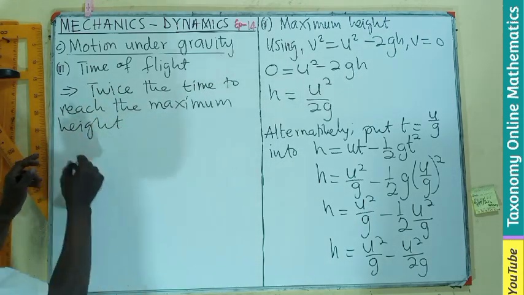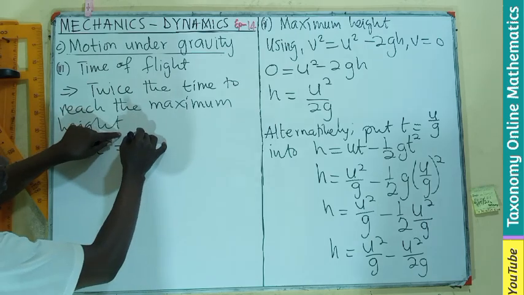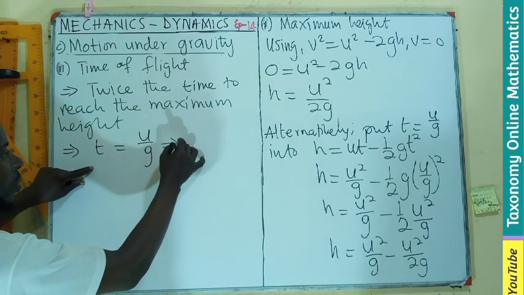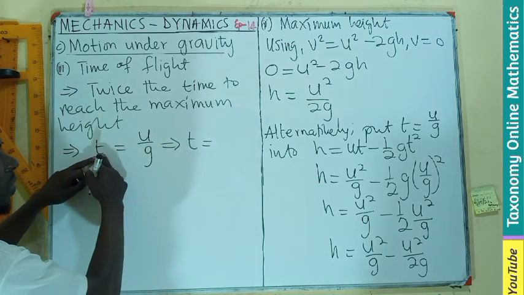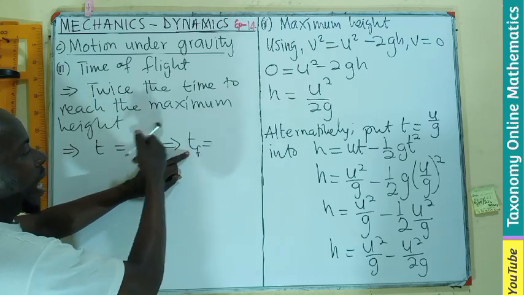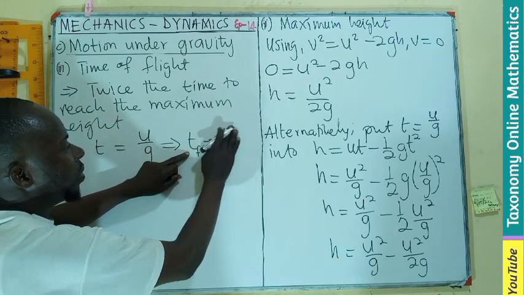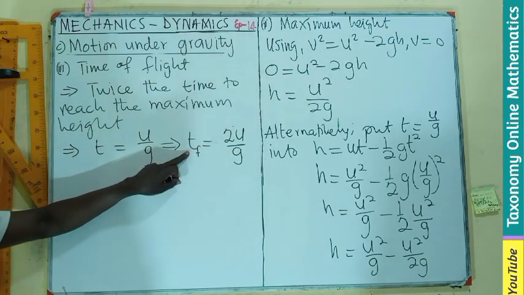The maximum height. That means the time I'm looking for, already it was this over this. So it will become t equals, let's say this is the t from the beginning, time of flight. Let me use flight here. That is twice of that. So I think the 2 will be here, right? Twice of this. This is what we are going to have.